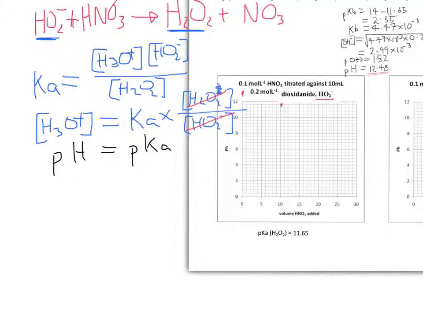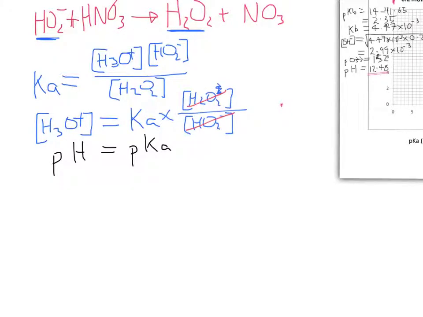Okay, the last point we're going to plot on our graph is going to be at the end point, or the equivalence point. Now, at the end point or the equivalence point, it's important to note the following.